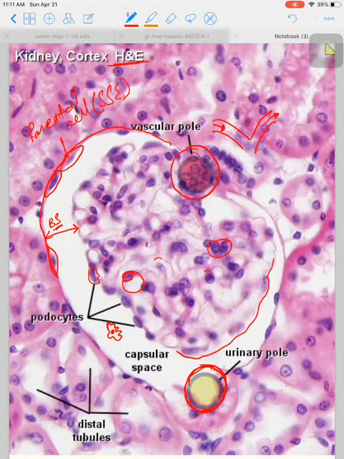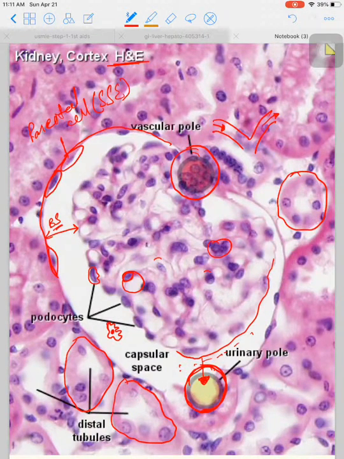Urine is already formed and leads toward the proximal tubule, so it is called the urinary pole. And here we have the distal convoluted tubule. These distal convoluted tubules have cuboidal cells and nuclei. This is the cell and nucleus, this is the glomerular tuft, and here is the mesangium.